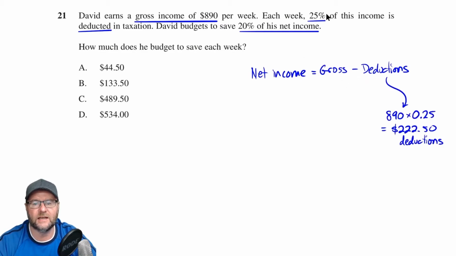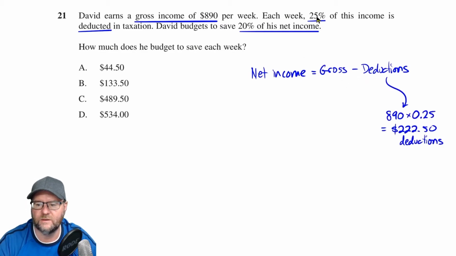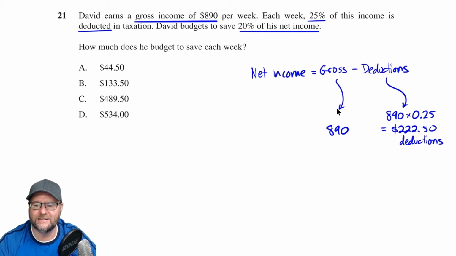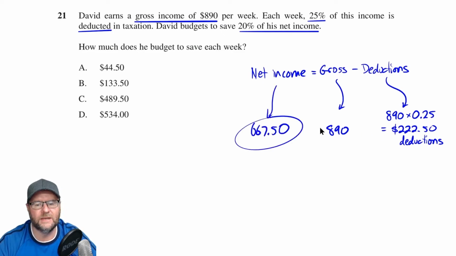In this case, the deduction is just the tax of 25%. If I work out 25%, that is 0.25 as a decimal. His tax is $222.50. So he gets a gross of 890, take out the 222.50 deductions, and that gives him a net income of $667.50.